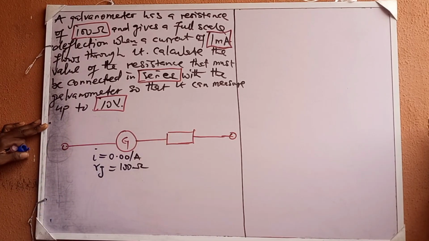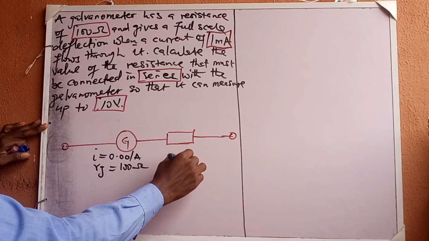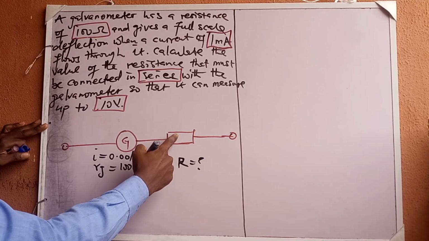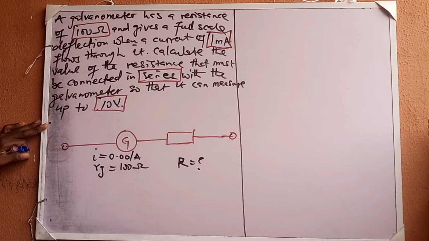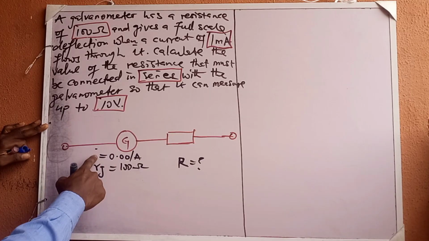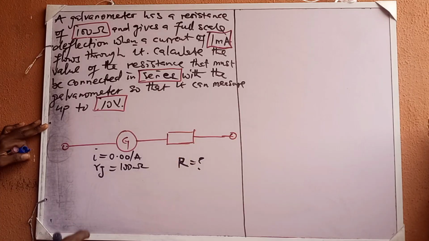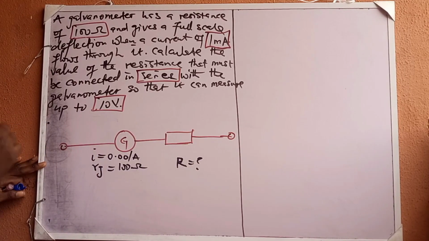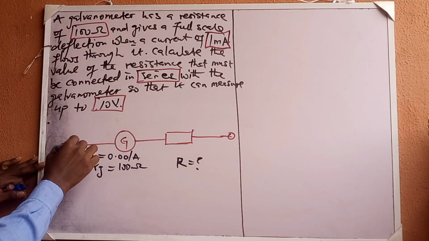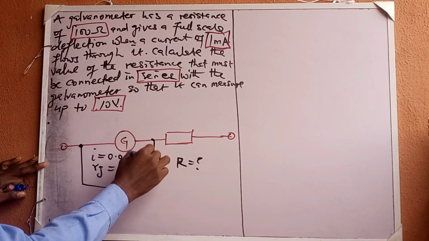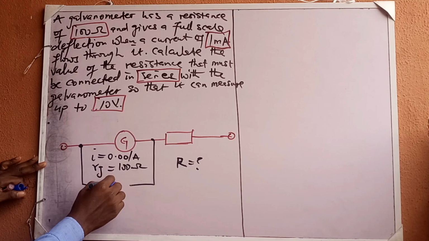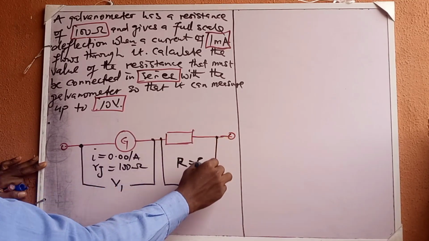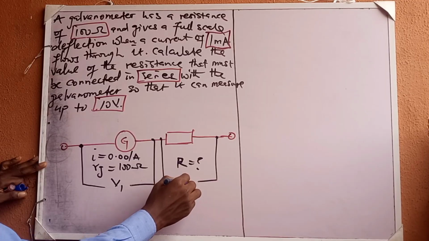Now, in this multiplier, we are not given the resistance. Of course, that's what we are looking for. Sorry, in the multiplier, we are looking for this resistance that is required. Since it's in series, the same current passes through them. I want to use them to measure 10 volts. So the voltage across this galvanometer, let's call it V1. The voltage across this multiplier, let's call it V2.